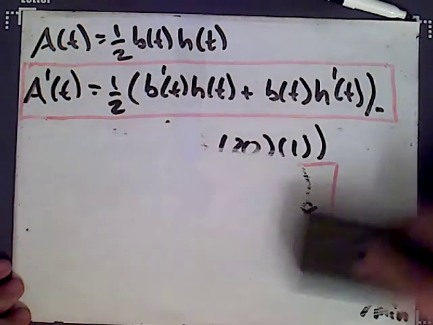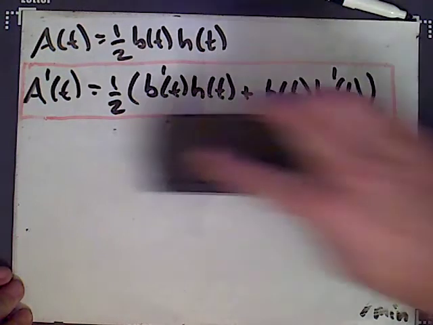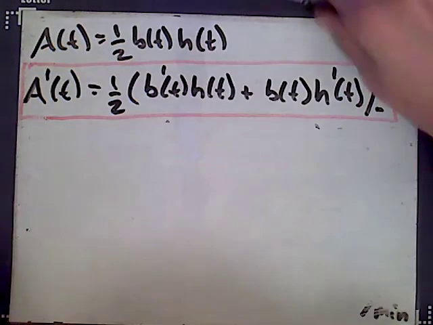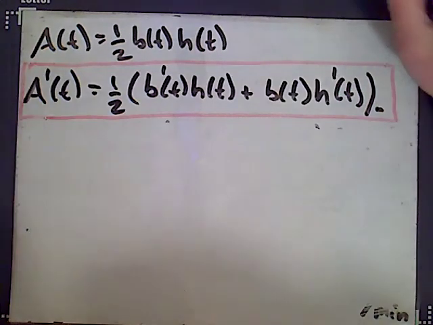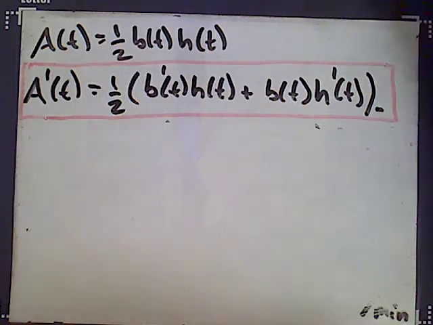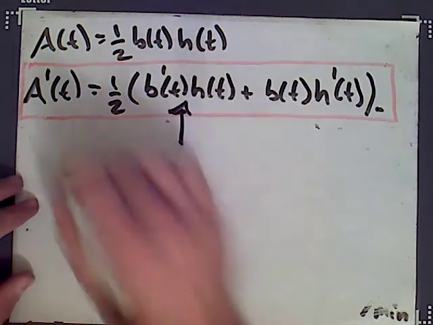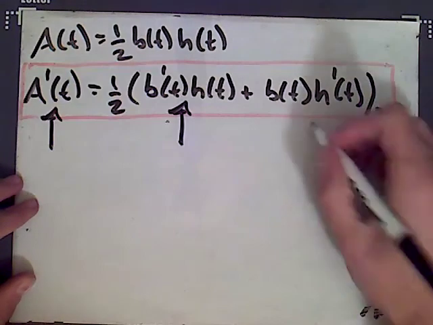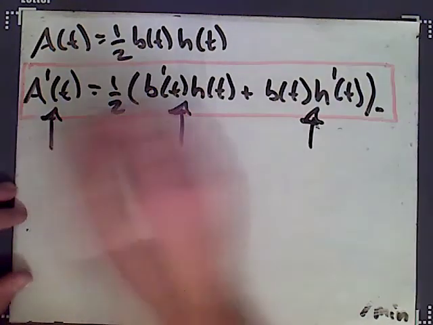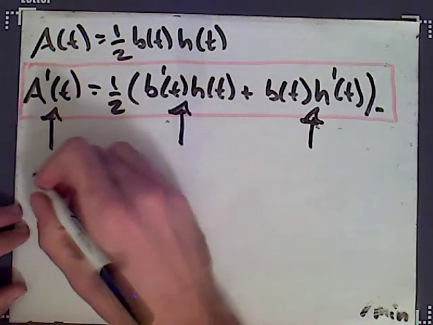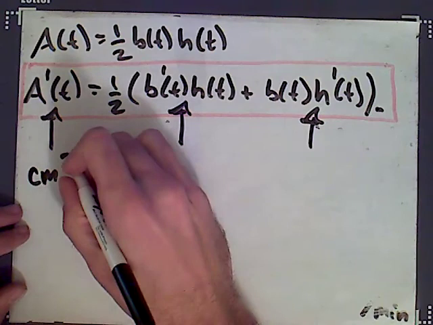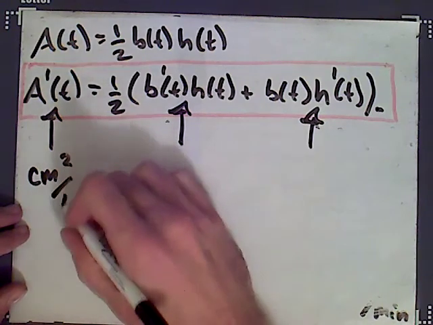I just want to make a comment on the formula for the derivative of the area. In physics, you often check the units on both sides of a formula to make sure things check out. So let's see the units in each of these quantities. A prime of t is the rate that the area, so that's centimeters squared, is changing versus time.